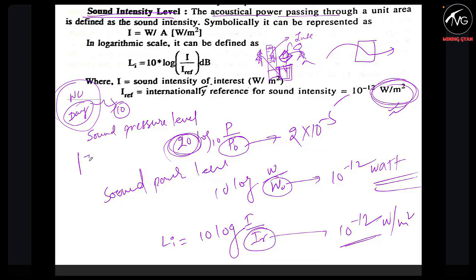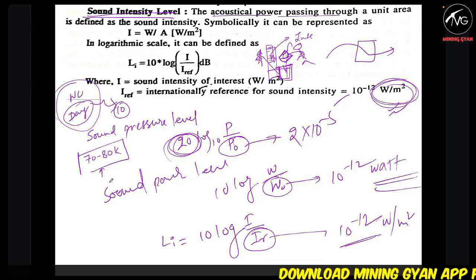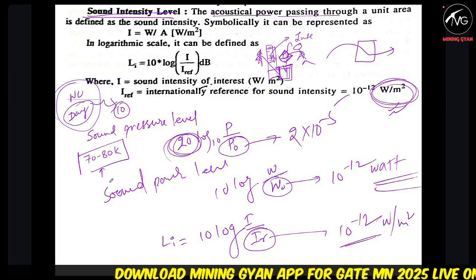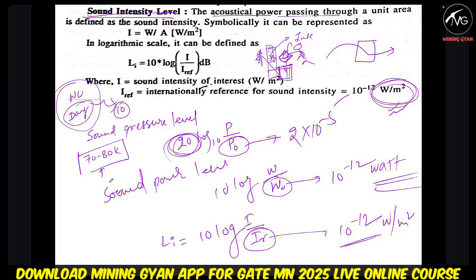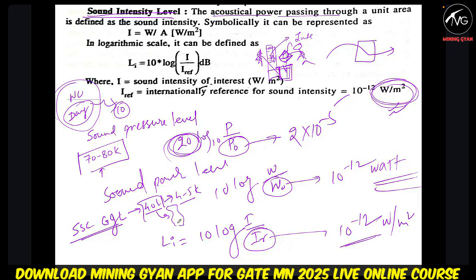Now if somebody is paying you a 70 to 80 thousand or 90,000 job in your desired location, that much effort you have to do. You can see the SSC CGL exam: 40 lakh forms are filled and only 4 to 5,000 people succeed, and only the top positions earn 70 to 80,000.